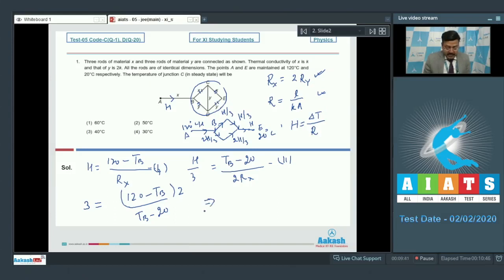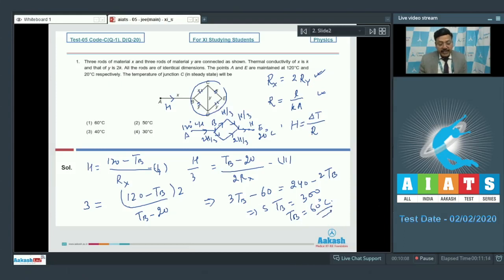This implies that 3 TB minus 60, on cross multiplication, is 240 minus 2 times TB, or 5 TB is equal to 300, and TB itself is equal to 300 divided by 5, which is 60 degrees C. But we have to find TC.